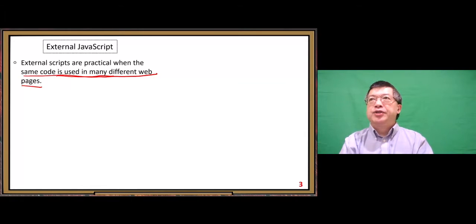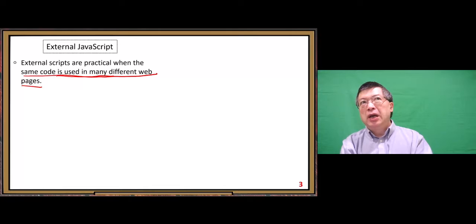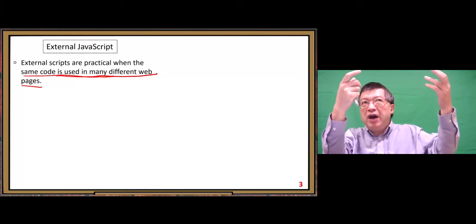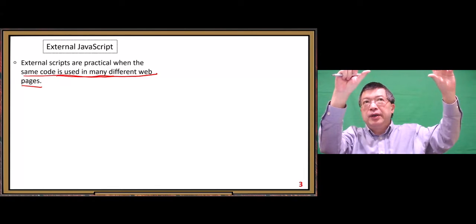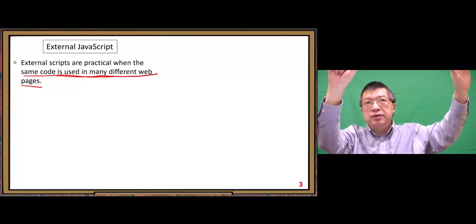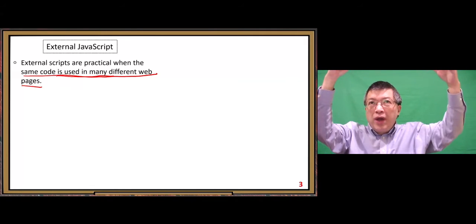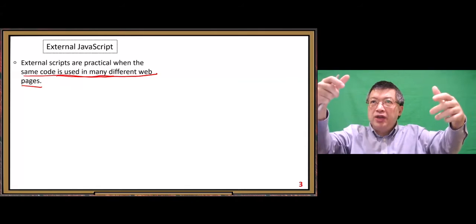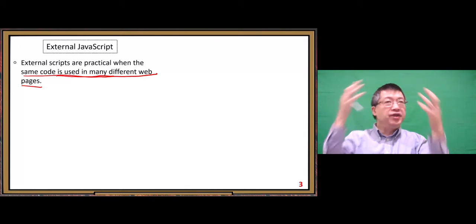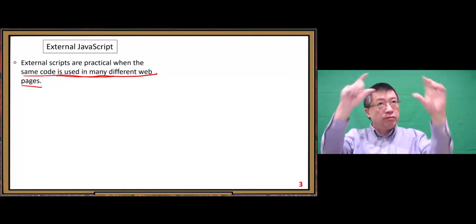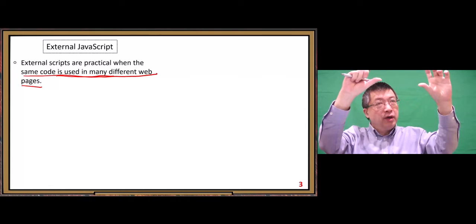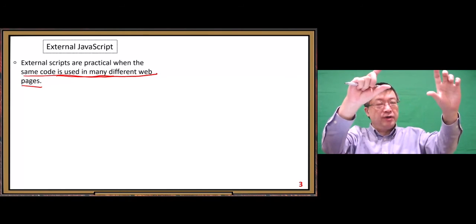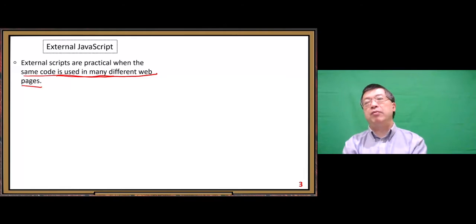For that situation, if we include it as an external file at the head section, when you visit the first page, it is loaded. When you visit the second page, that JavaScript file is buffered in the cache of the web browser, so you do not need to load it a second time. It saves your time.